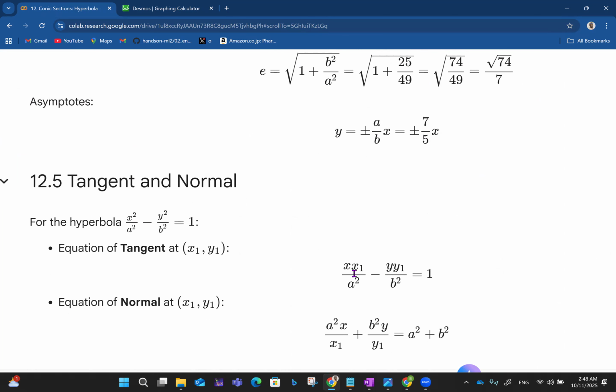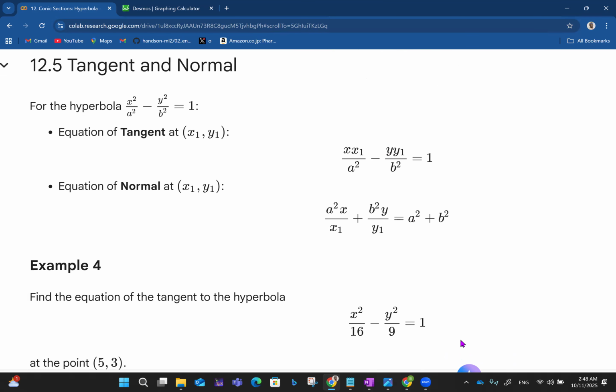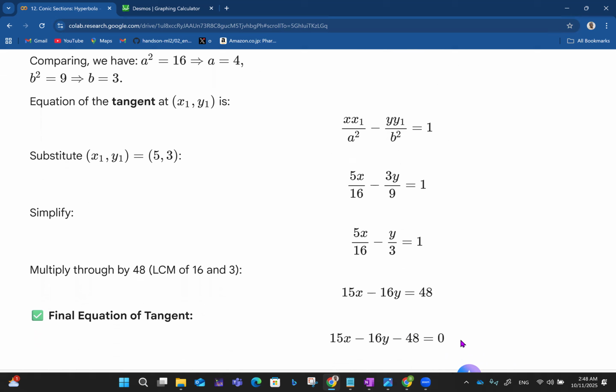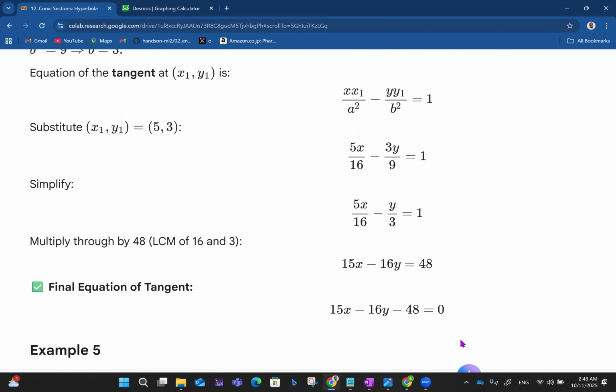So once you get this one, you can always get the other. If you do all the rearrangement, you get a squared x over x1 plus b squared y over y1 equals a squared plus b squared, basically. And that takes us to example 4, where we talk about this whole tangent thing.